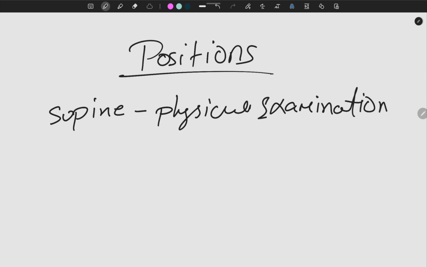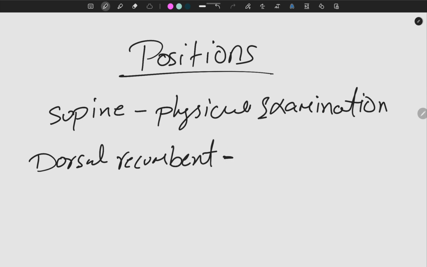And the next one is the dorsal recumbent position. It is just like a supine position, but the patient's knees are flexed. This is the patient and the knees are flexed.